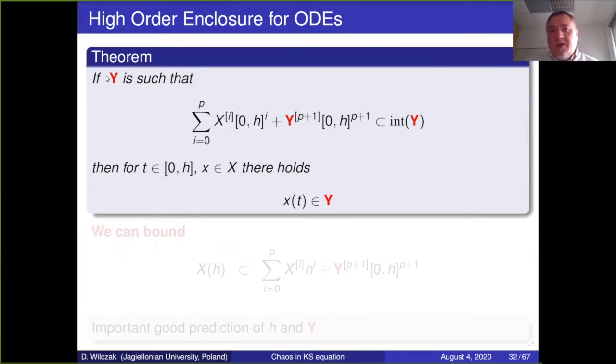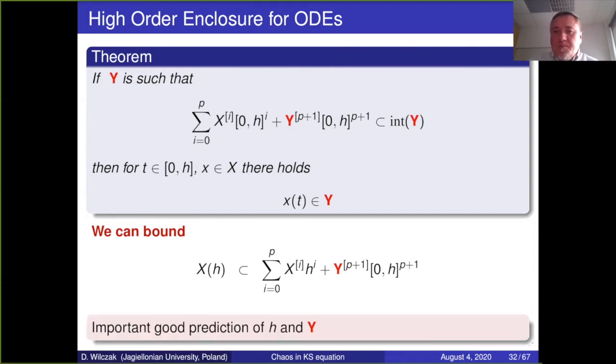If we can find an H set Y such that this inclusion holds true, then Y is an enclosure for our system. And we can also bound solutions by this expression here. Of course, we need a good automatic prediction of time step to make this remainder as small as possible.